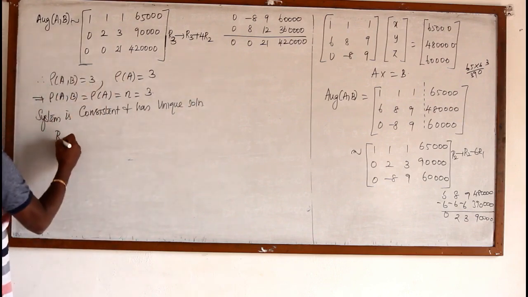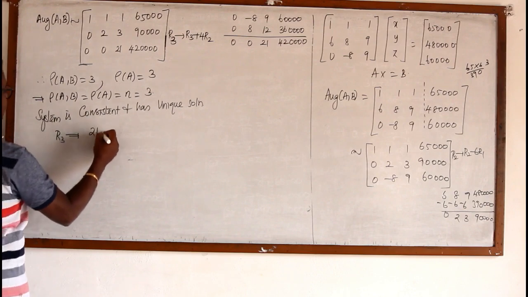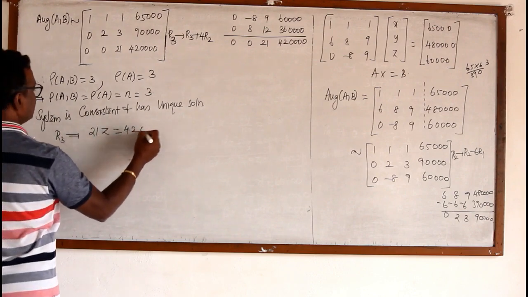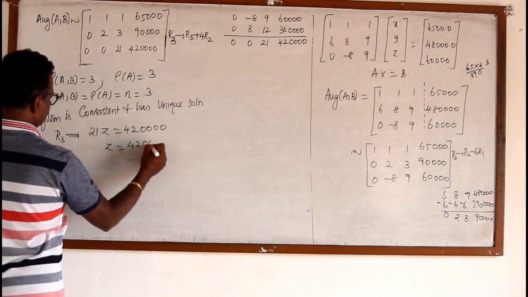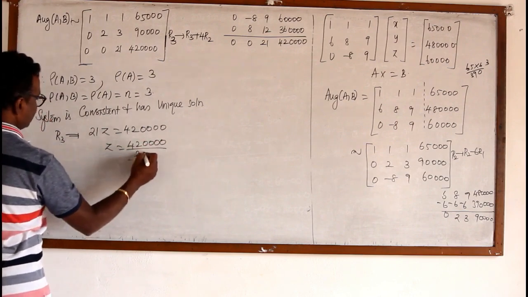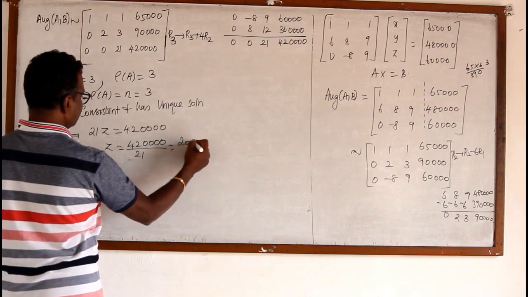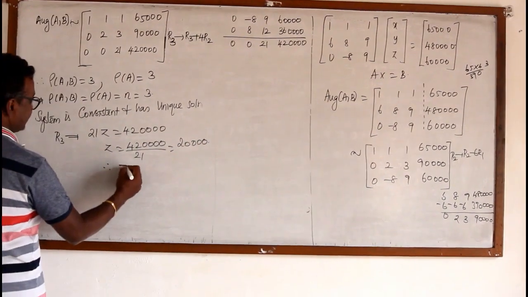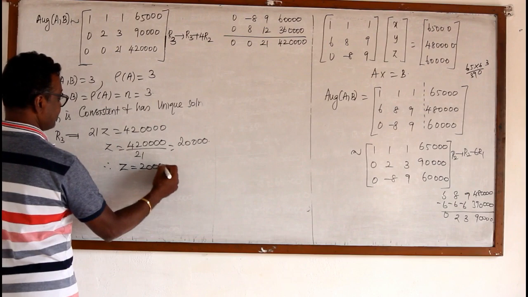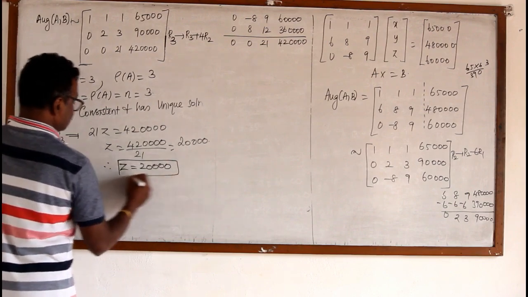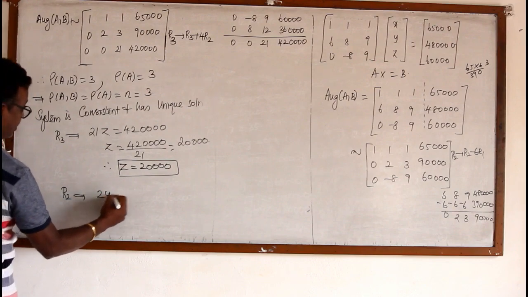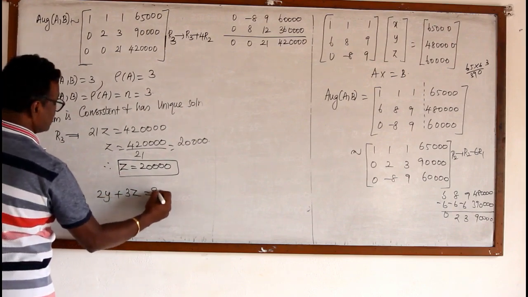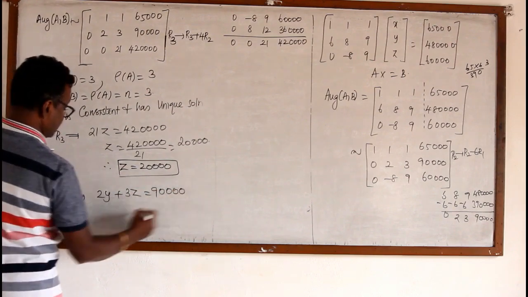So R3 implies 21 Z equal to 42,0000. Z is 42,000 by 21. So it is 20,000. So Z equal to 20,000. Now when I go for R2 implies 2Y plus 3Z equal to 90,000.